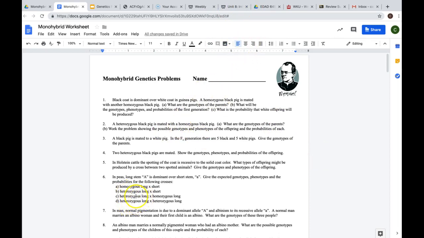we have heterozygous long, homozygous long. So again, anytime you see a homozygous long, you're going to know that everything is going to be the dominant trait.